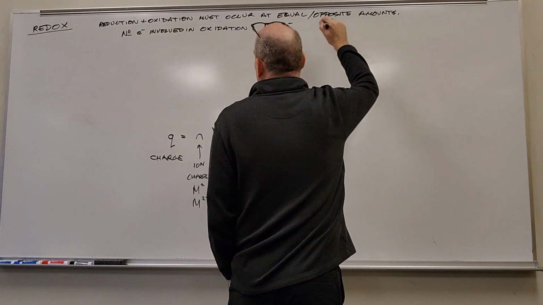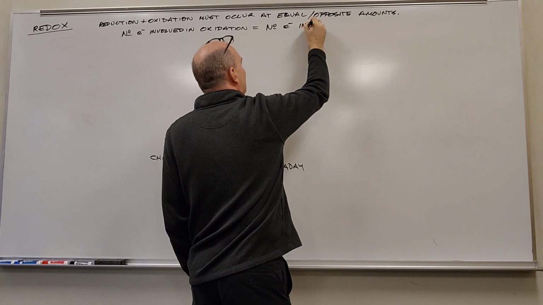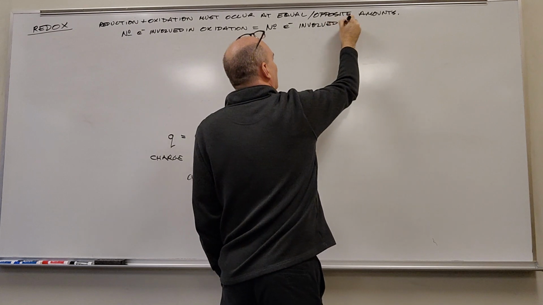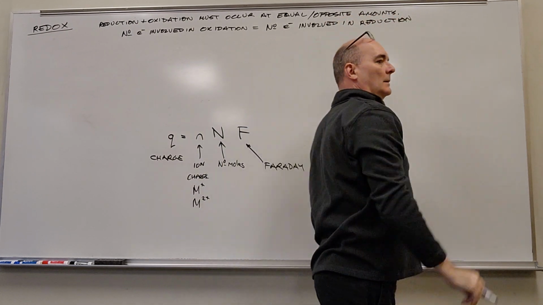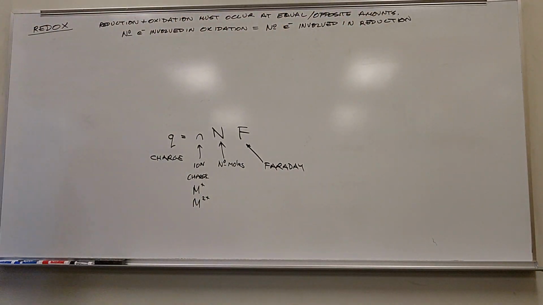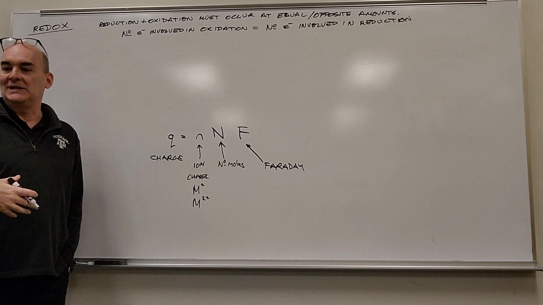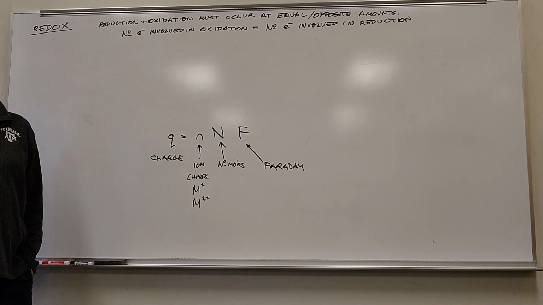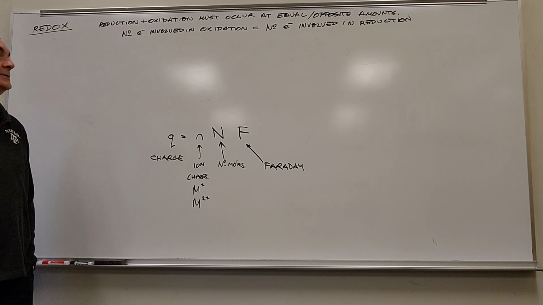The number of electrons involved in an oxidation must equal the number of electrons involved in a reduction. It's like acid-base chemistry. The acids are given away, and then the bases accept them. That's why the Arrhenius concept of just giving the H plus away was adapted by Bronsted to say, oh no, they are donated to something else.